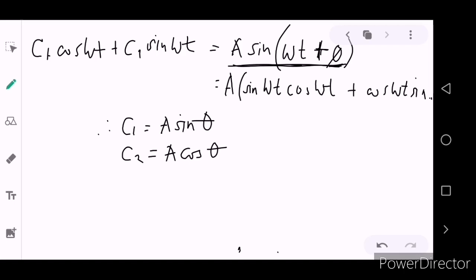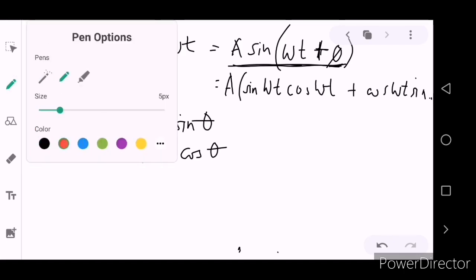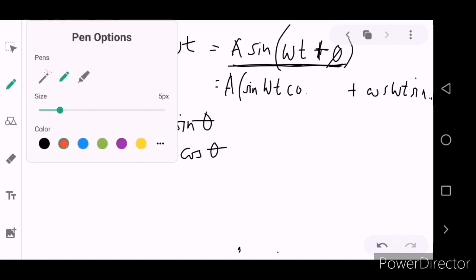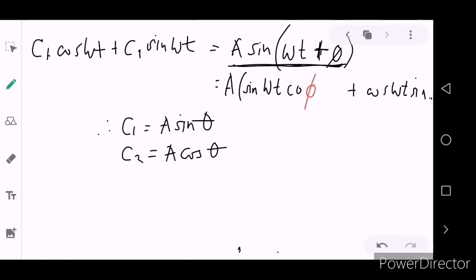Oh, I'm sorry. Ito pala. Some correction. This should be phase angle. Sorry. Sine phase angle. Okay? Ito yan. Nang minultiply siya dito.